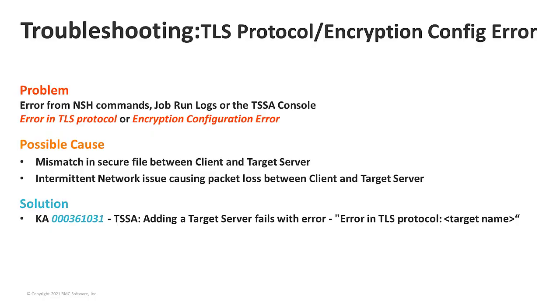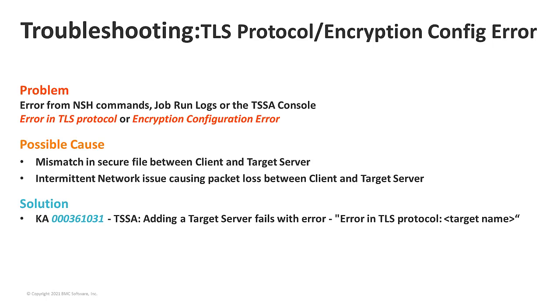Another set of common error messages we see or encounter while running jobs is error in TLS protocol or encryption configuration error. These messages or errors get logged when there is some issue with the configuration file on the RSCD agent, or there is some network connectivity issue between the source and the destination server.